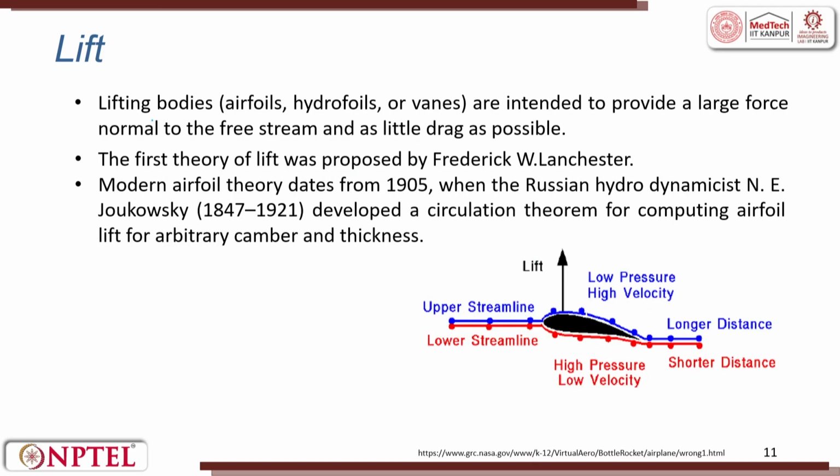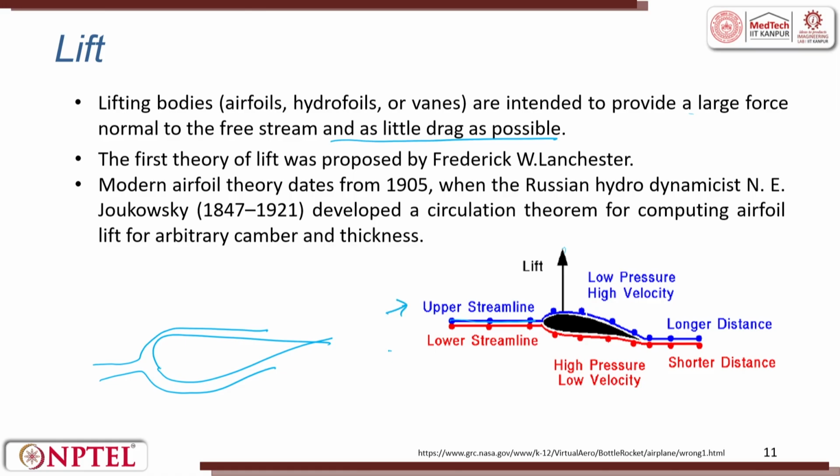The lifting bodies, airfoil, hydrofoil or vanes, are intended to provide a large force normal to the flow stream and as little drag as possible. So, if drag is reducing, the resistance is reducing. If the resistance reduces, you will get a higher velocity. So, this is the lift, this is the upstream. You have an aerofoil, the flow which comes like this is called the upstream, which goes like this is called the downstream.